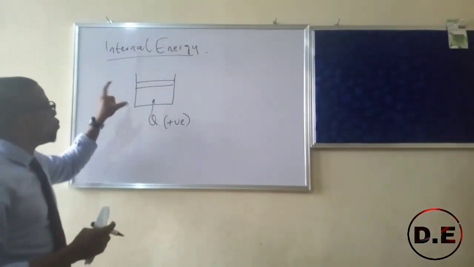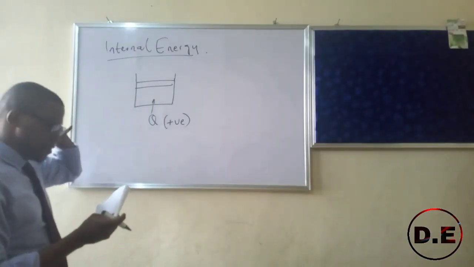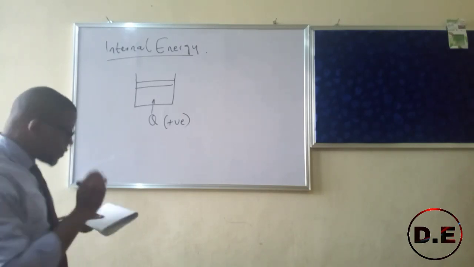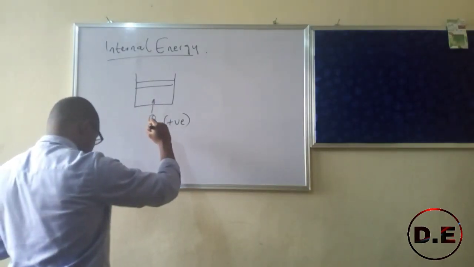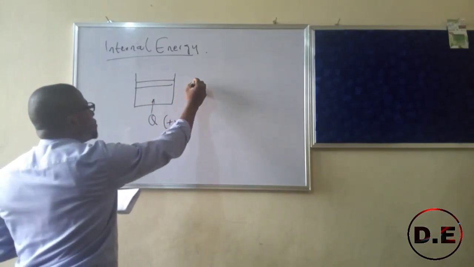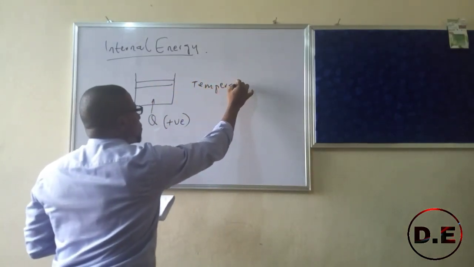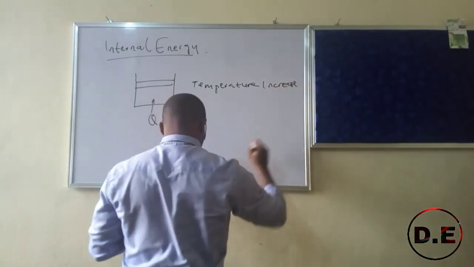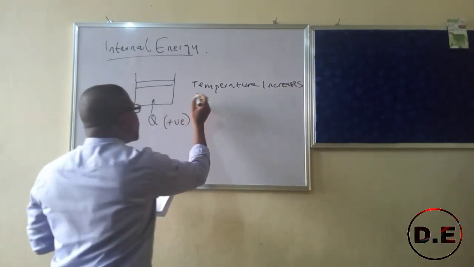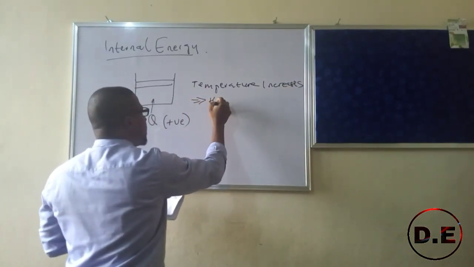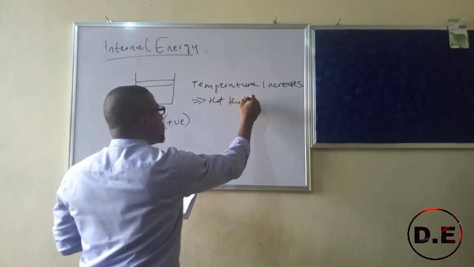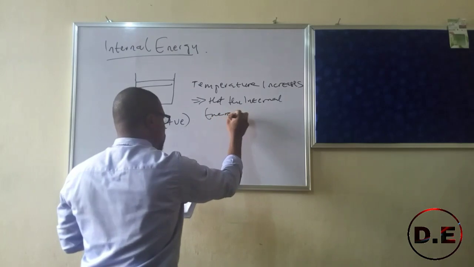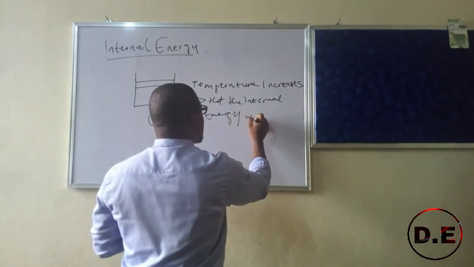So we have Q entering into the system. The temperature of this system will increase, which implies that the internal energy will also increase.